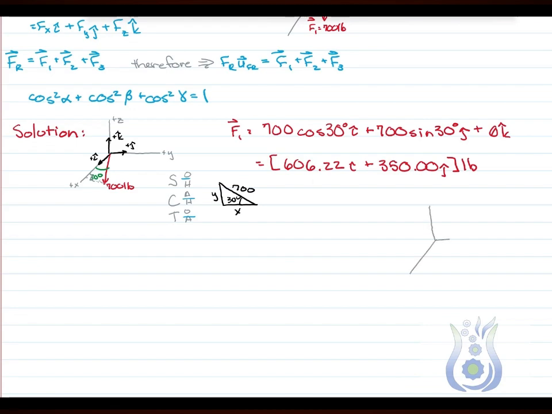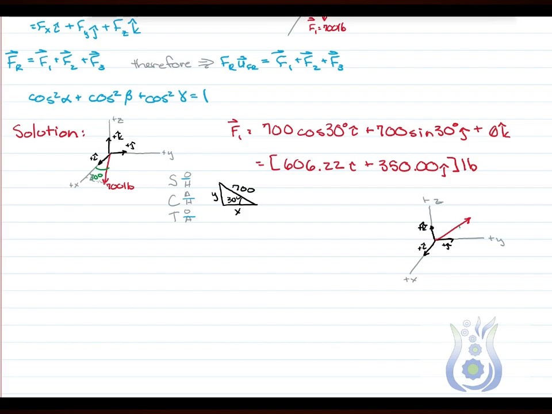We'll do the same analysis with our vector F2, which is 600 pounds. So again, this time we're looking at vector F2 is only in the YZ plane. Therefore, we'll only have a j and a k unit vector.